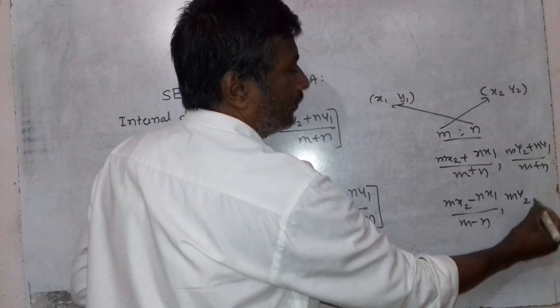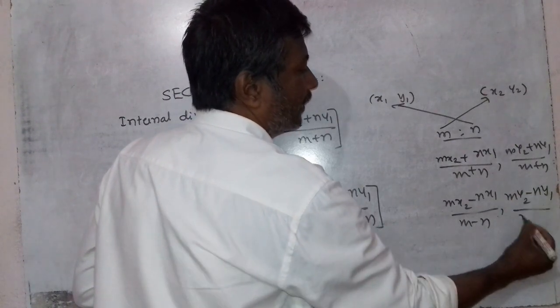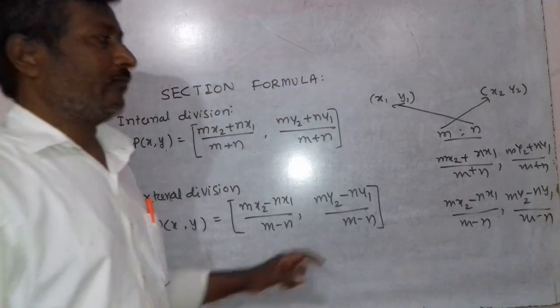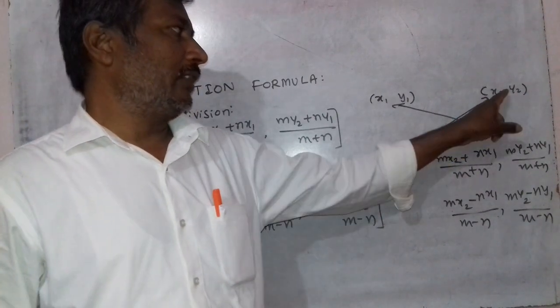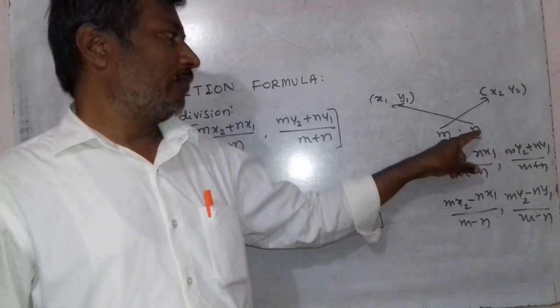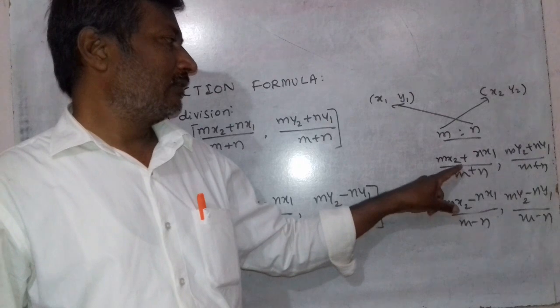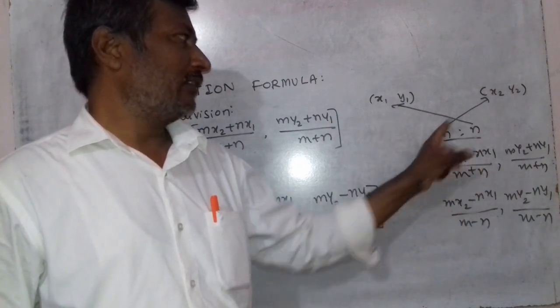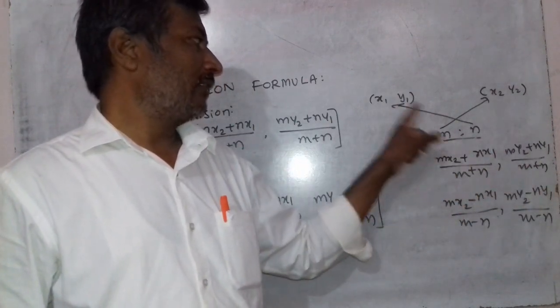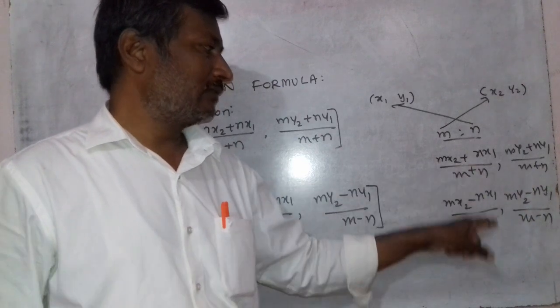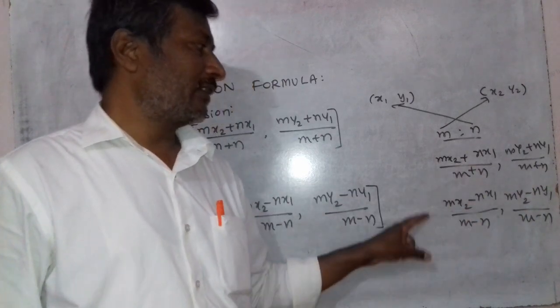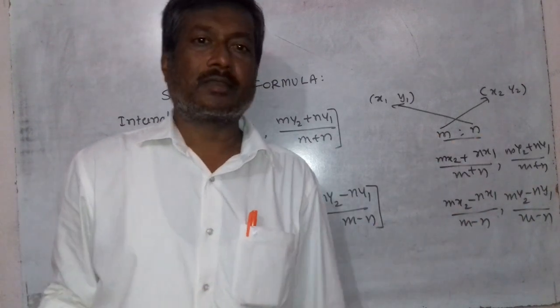Similarly, my2 minus ny1 divided by m minus n. So mx2 plus nx1 divided by m plus n, my2 plus ny1 divided by m plus n. Similarly, this is for external and this is for internal division.